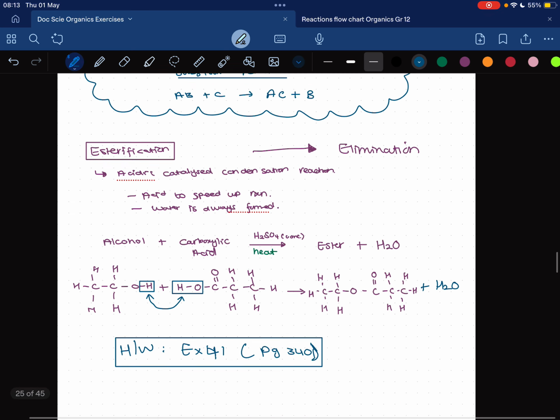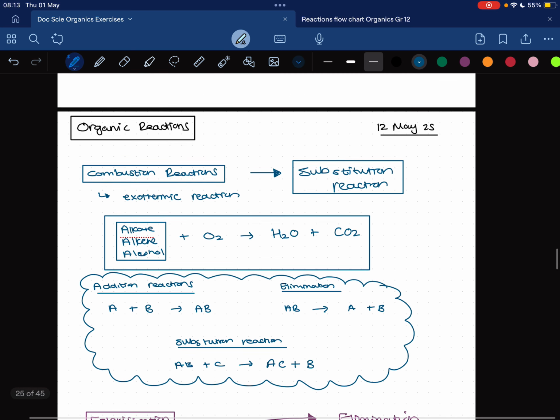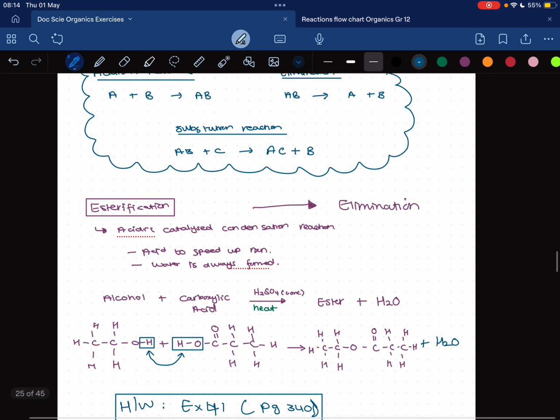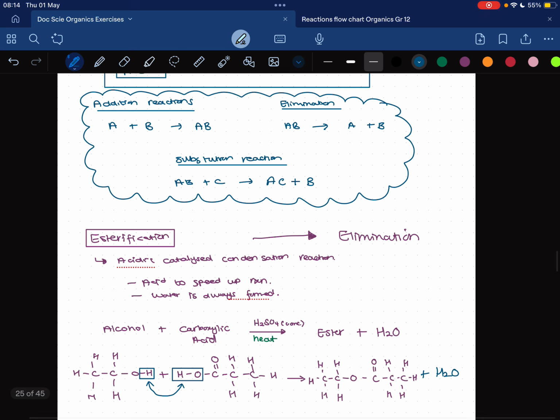Okay, so just to reiterate, so far with our organic reactions, we've done 2: a combustion reaction, which is a substitution reaction, where we substitute the parts of the alkene or alcohol with oxygen to form H2O and CO2. And then we discussed the 3 general types: addition, elimination, and substitution.